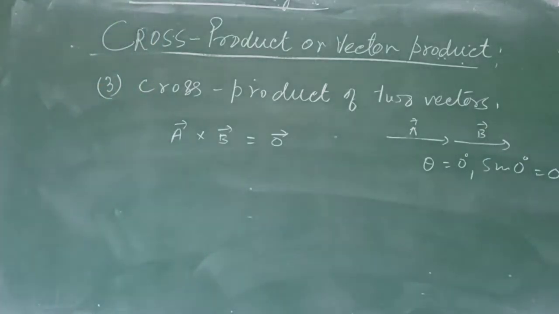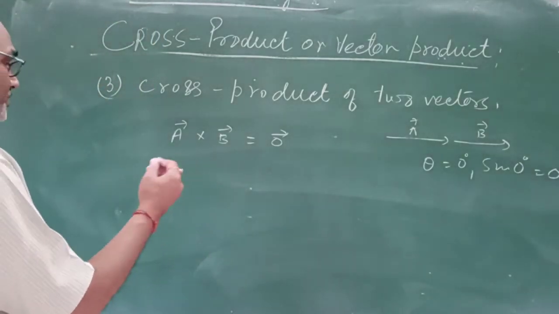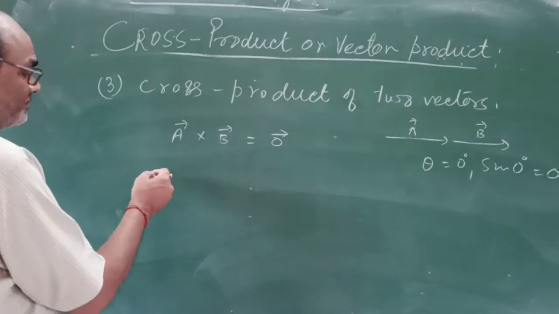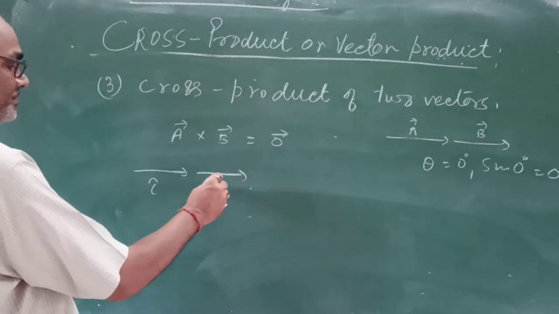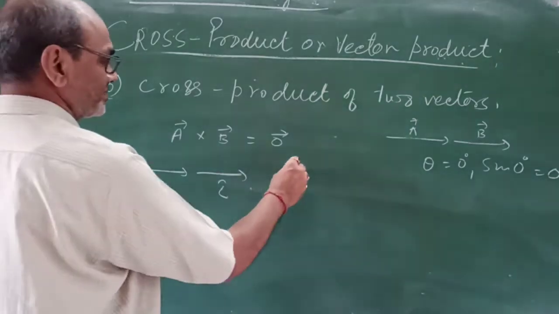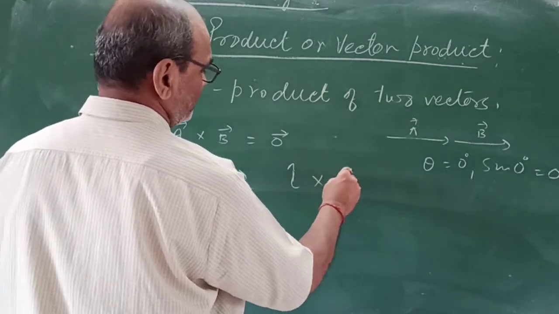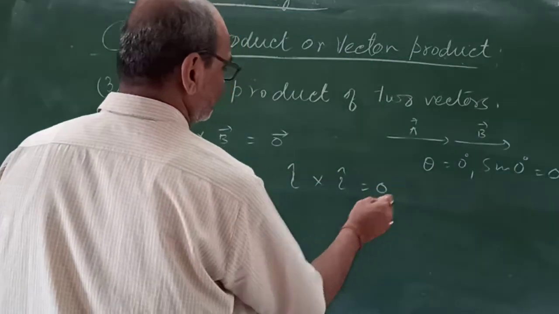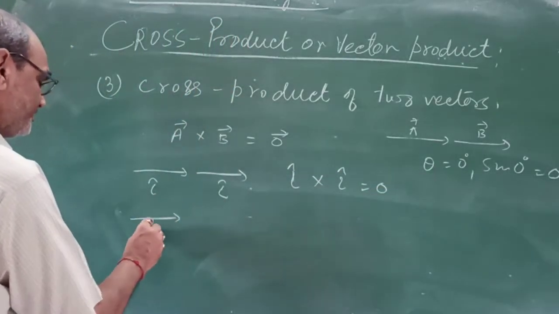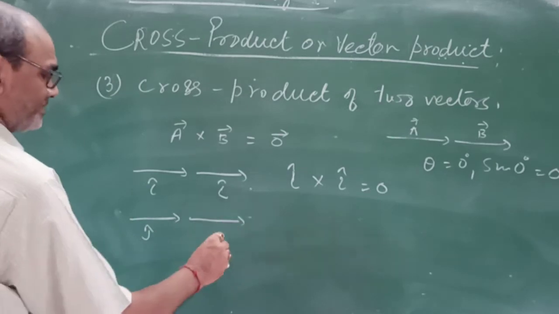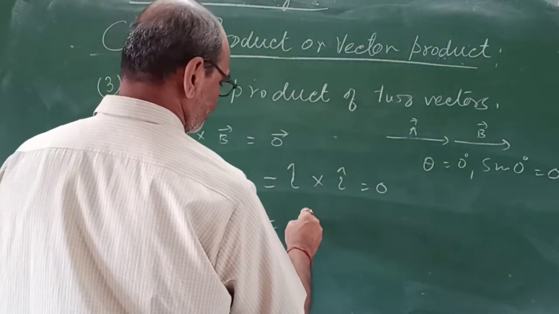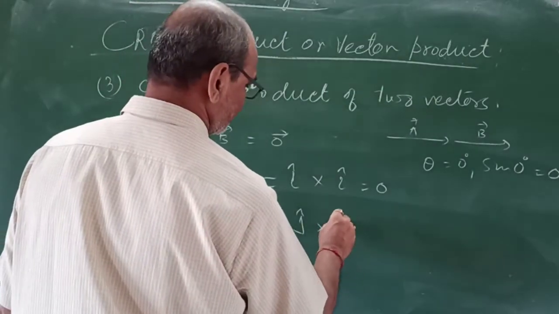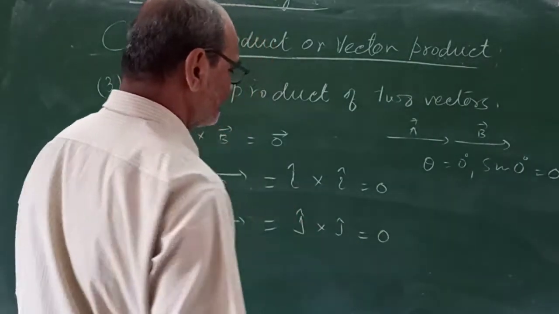Similarly, in terms of the unit vectors, i cap cross i cap is equal to 0, j cap cross j cap is equal to 0 vector.